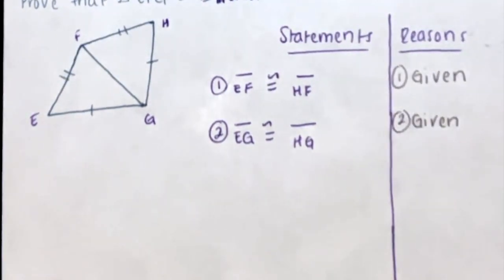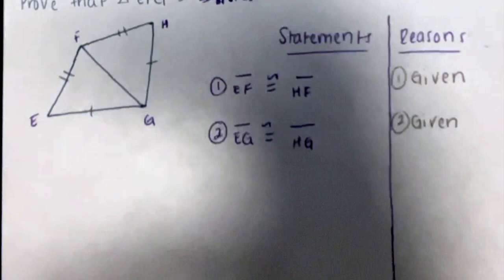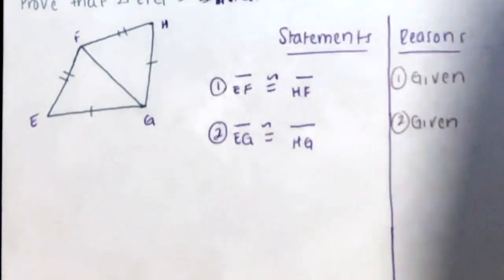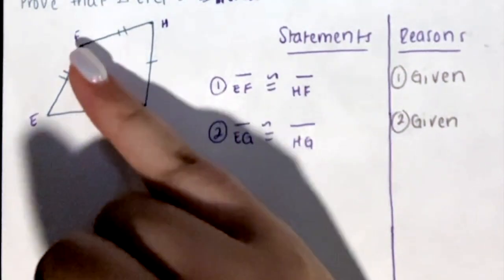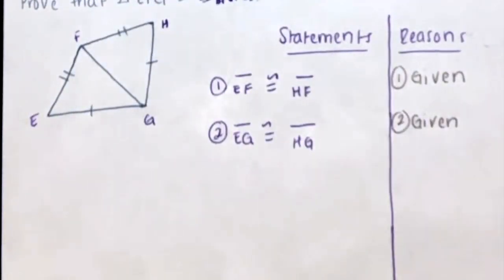And so what else can we see as being clear, that a line segment or a certain angle is congruent? Well, you can see that there's this line here that belongs to these two triangles, and therefore that's a line segment.